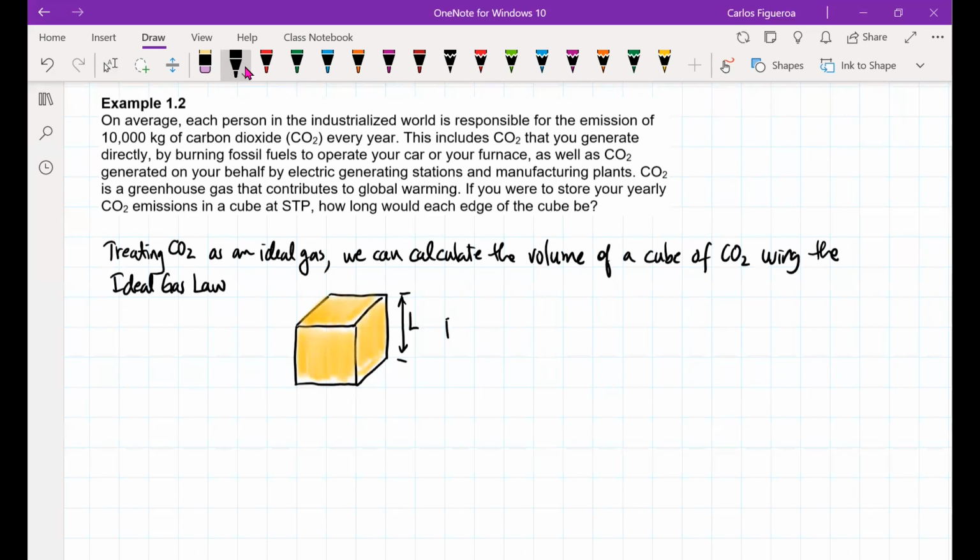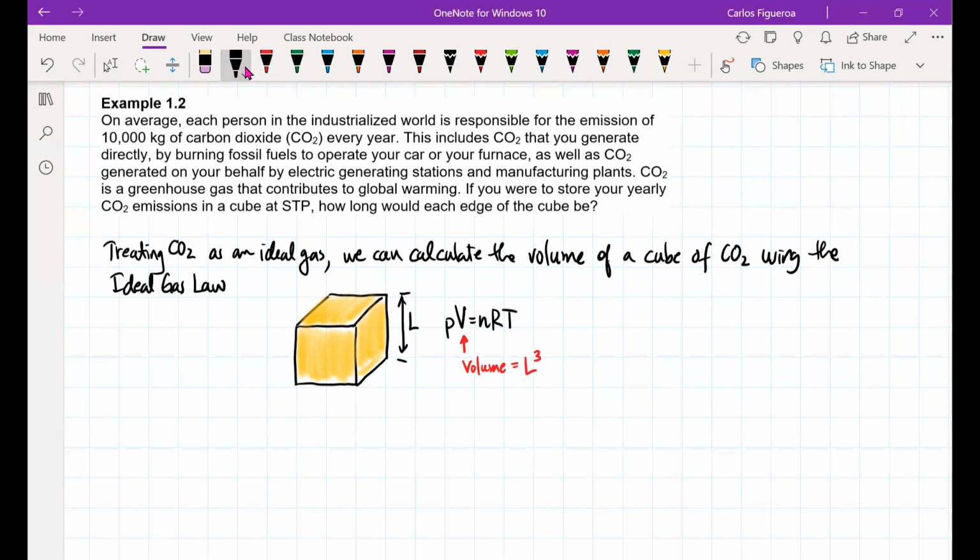And the ideal gas law says that PV has to be nRT with ideal units. And you can see here that this is what we call the volume, and the volume would then be L cubed. So that allows me to compute that.